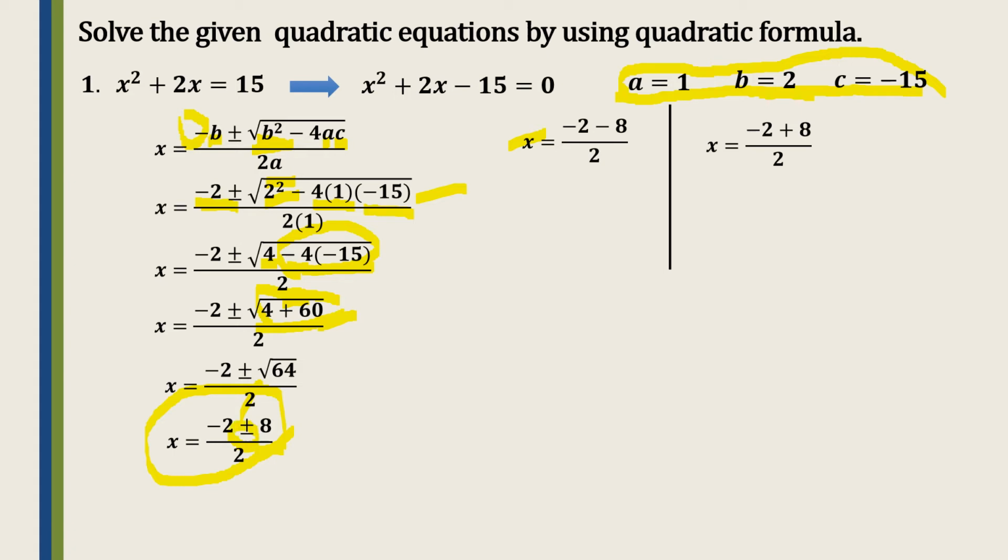Hiniwalay ang negative at ang positive. Kaya meron tayong dalawang equation. I-solve na natin ang value ng bawat x.